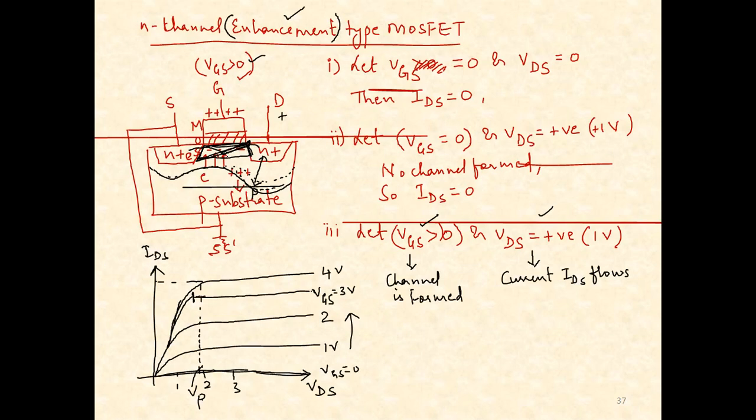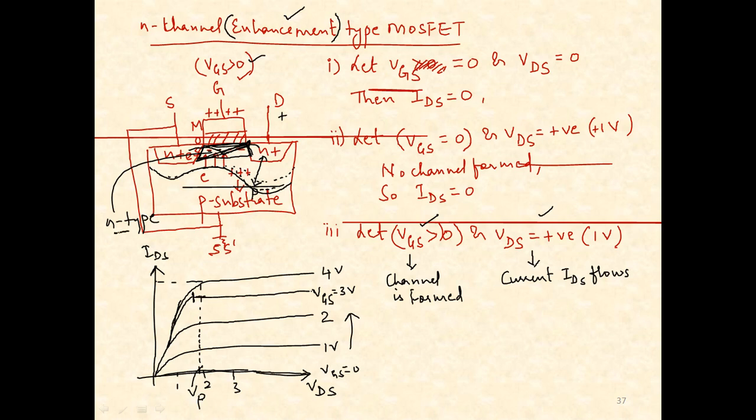Well, there is one more important point to be cleared here. Please understand, when VGS is greater than 0, electron channel will be formed. What does that mean? Initially the material was completely of P type. In the channel, the material is not of P type.